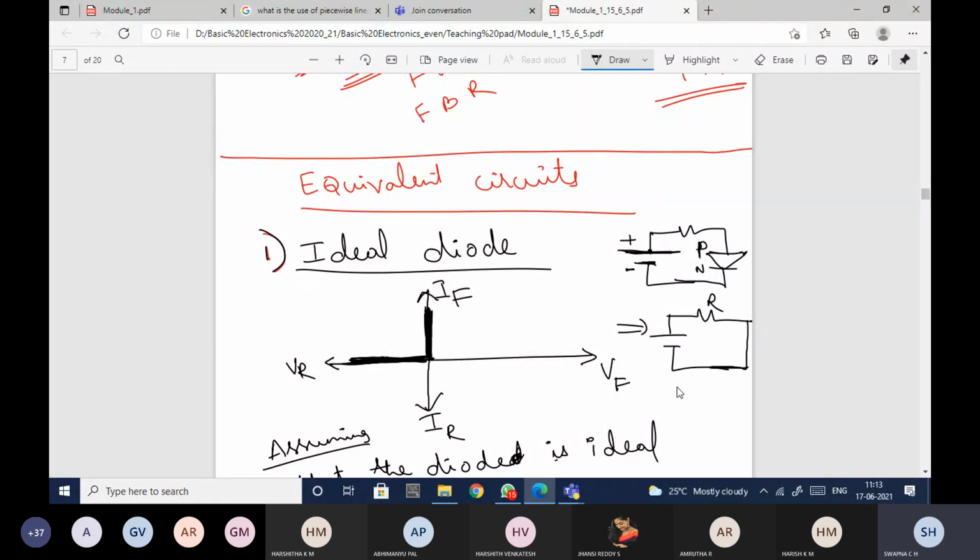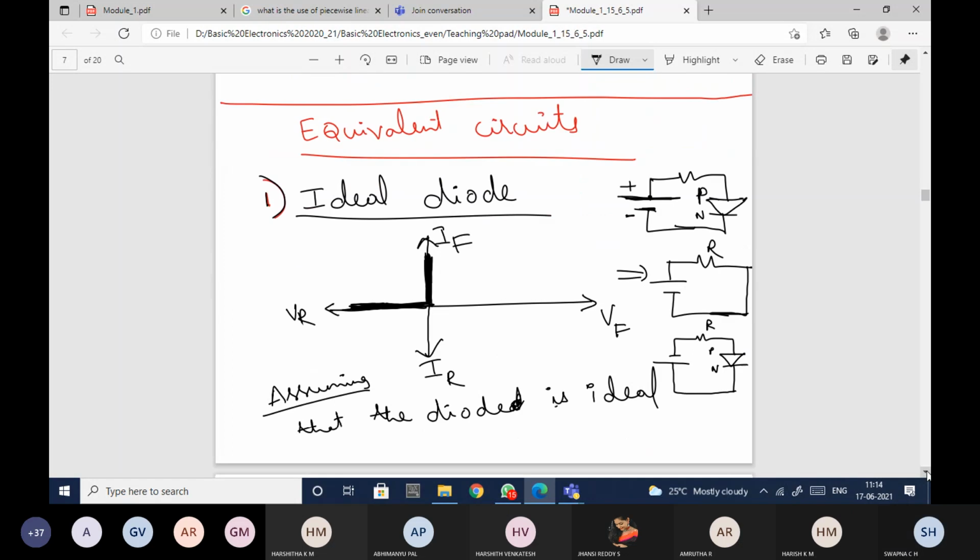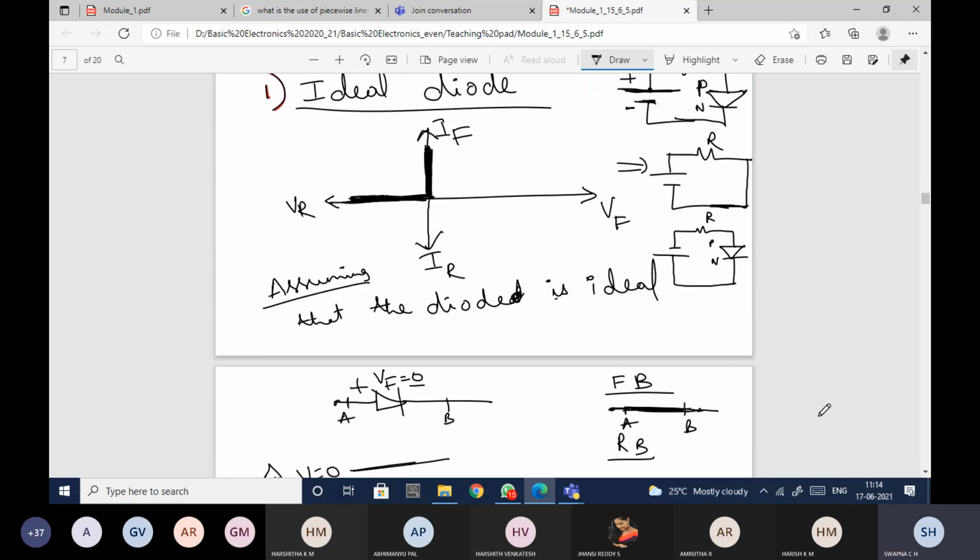In the same way, let me consider I have a circuit like this. Now tell me whether the diode is forward biased or reverse biased. Reverse biased. P is connected to negative and N is connected to positive.